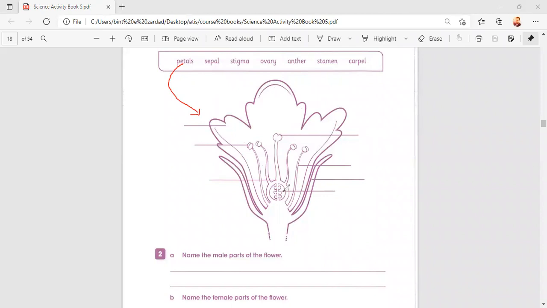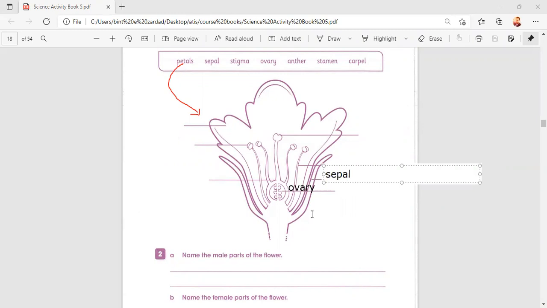This is ovule or ovary. I will write it better. This one, ovary. And this one, the outer part, is sepal.